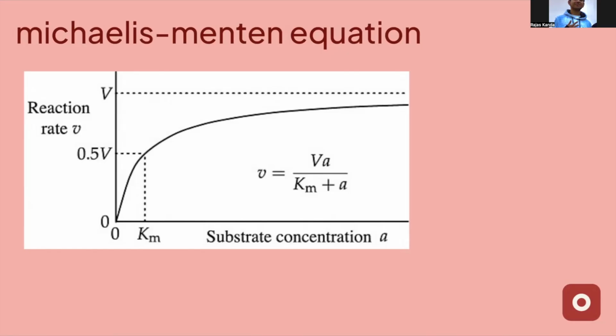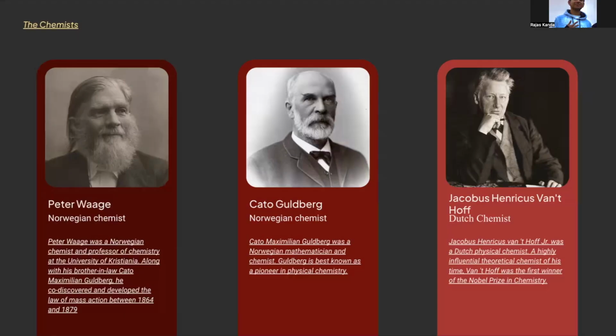Since the inception of reaction rate equations, there has been an interesting and complex process involved in the creation of such equations. The evolution of the modern mathematical approach to studying reaction kinetics began during the 19th century with the work of several scientists, including two Norwegian chemists, Peter Waage and Cato Guldberg.